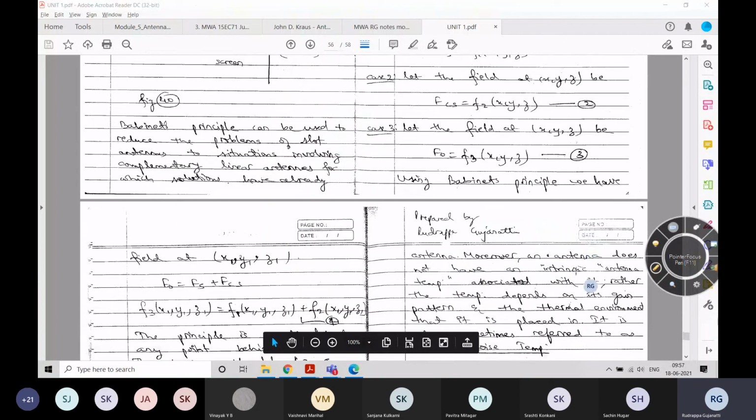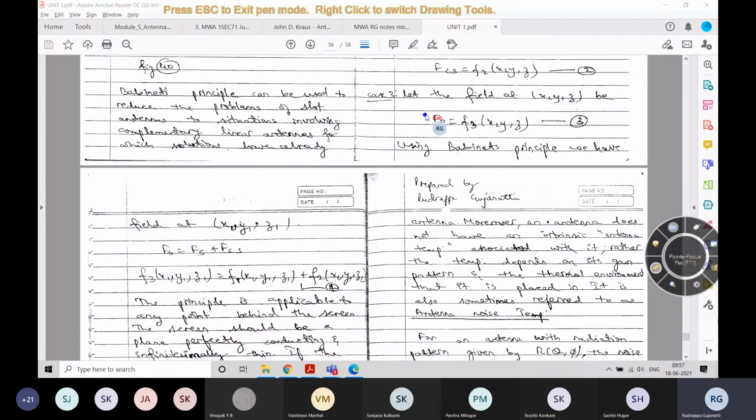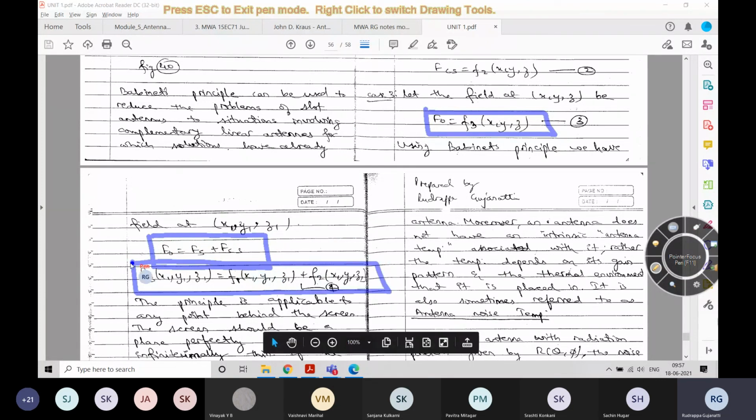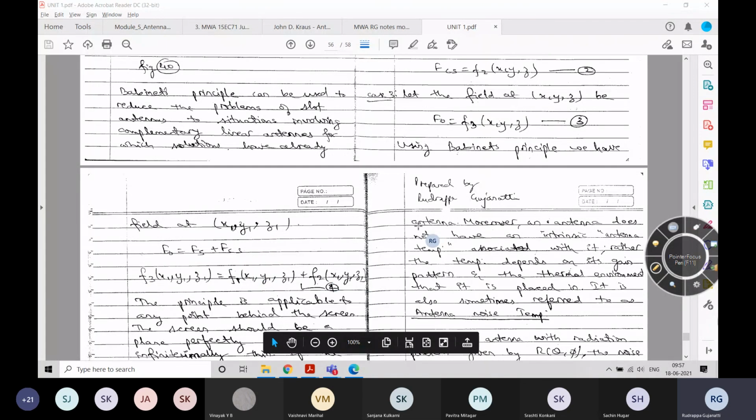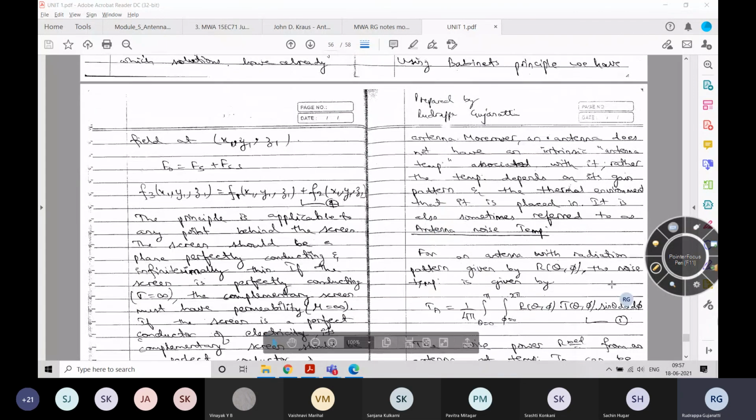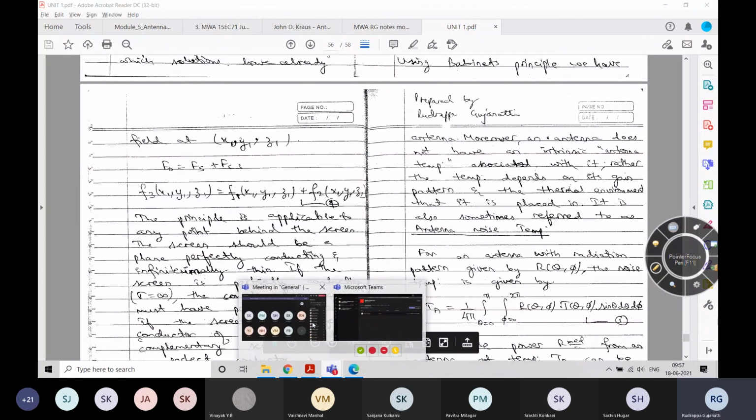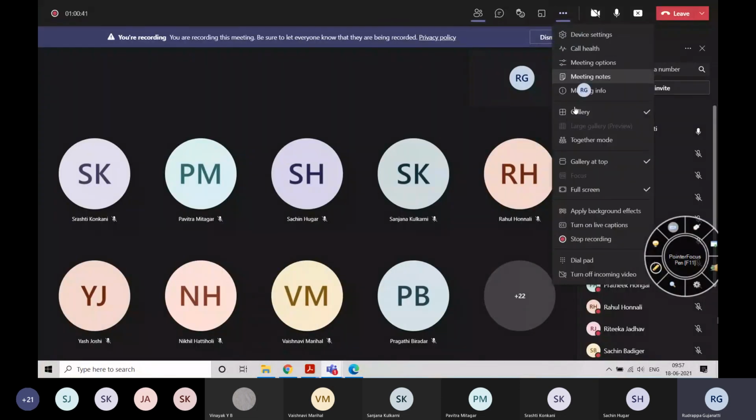Based on Babinet's principle, this field F3 of XYZ is equal to the field due to the presence of the screen plus the field due to the absence of the screen, that is, the complementary version of the screen. This is basically used to identify the fields presented by the complementary version of the antennas under consideration.